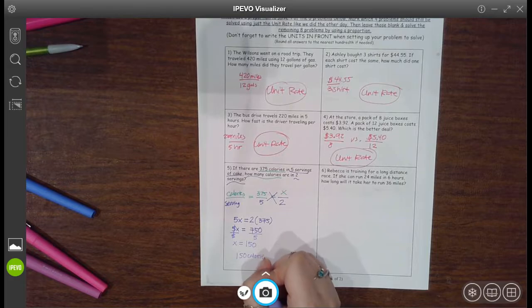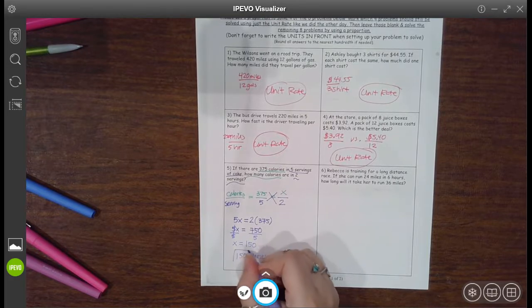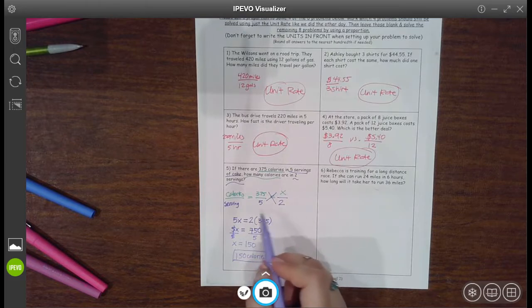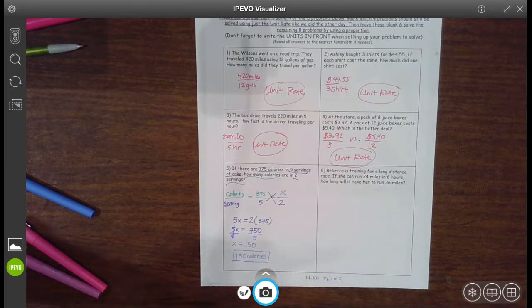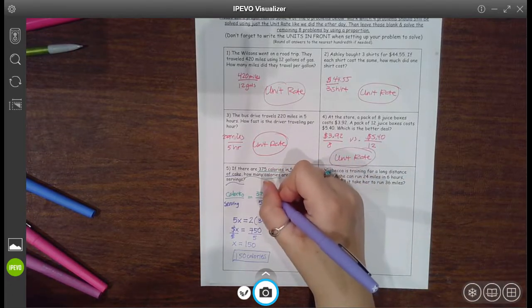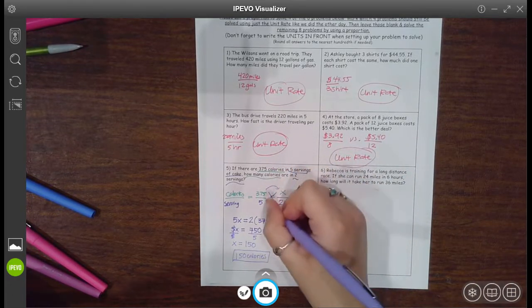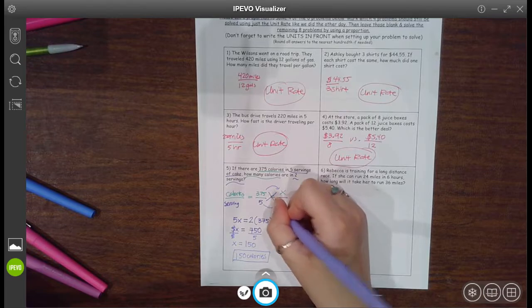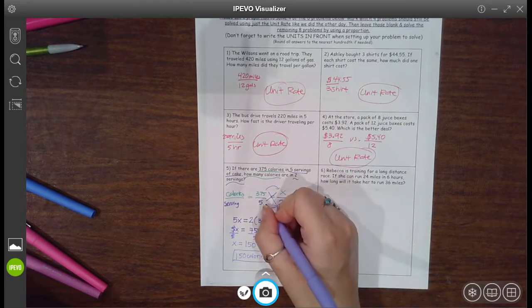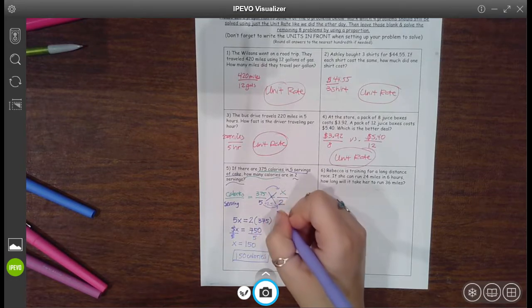Now, cross products will always work. It's helpful, especially if there's like repeating decimals and stuff when you try solving. But for this one, we actually still could have done the easy shortcut. Okay, go towards your unknown. And yeah, it doesn't go in perfectly evenly, but if you divide 5 by 2.5, isn't that 2?